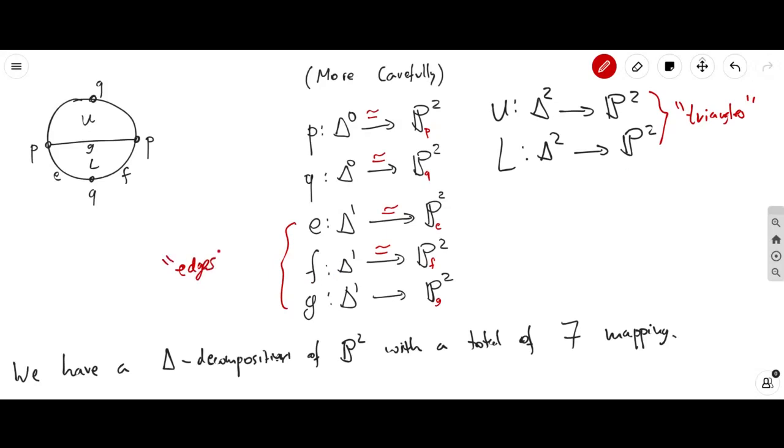We have, in quotation marks, 3 edges, and we have 2 vertices. So we have achieved a delta decomposition of the projective plane by using a much smaller number of vertices, edges, and triangles. But let's actually confirm that it satisfies the conditions of a delta decomposition. So, well, it's clear. So the first condition is: is it a homeomorphism?